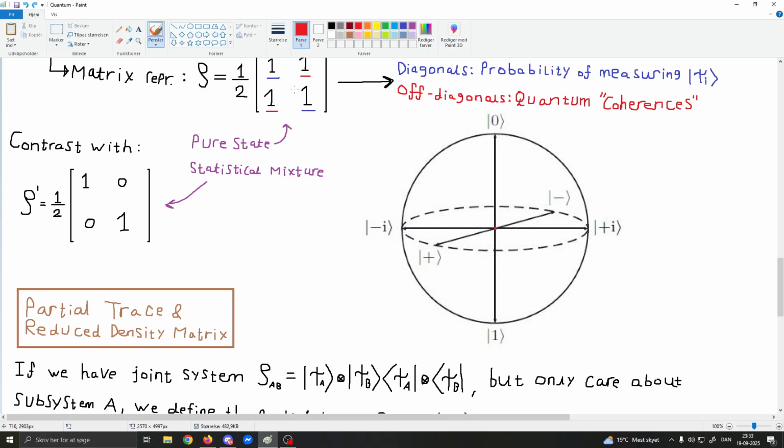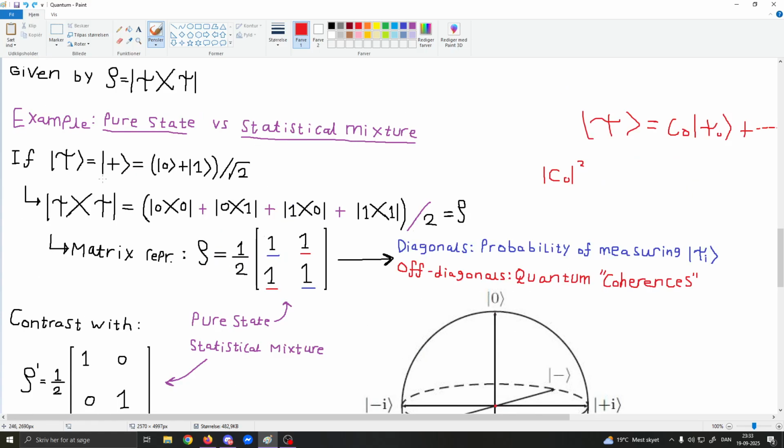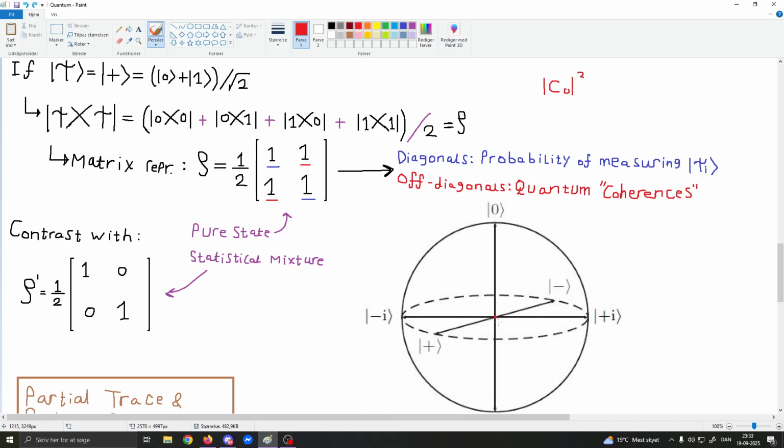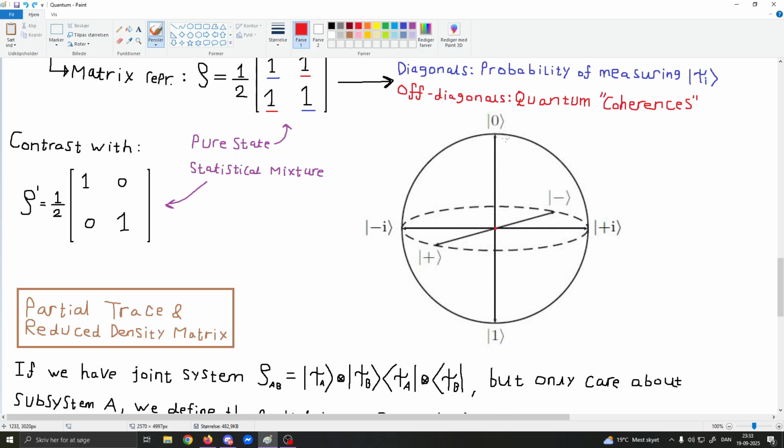Now let's contrast this with this state we had up here. This was the plus state. Notice how this is a sum of vectors, but not in the statistical sense, but in the sense that we had this coherence corresponding to it, and that's because it now has phase. It is located right here on the plus axis.